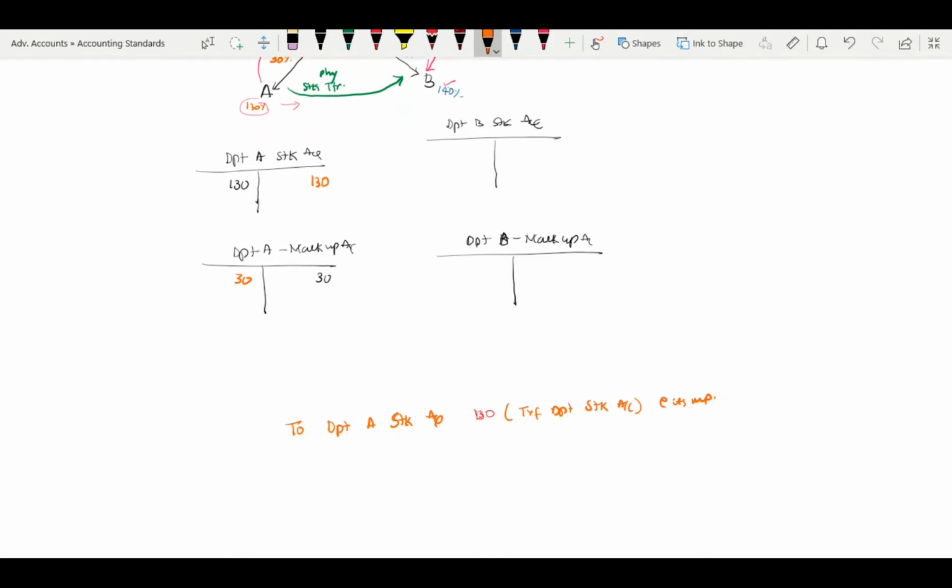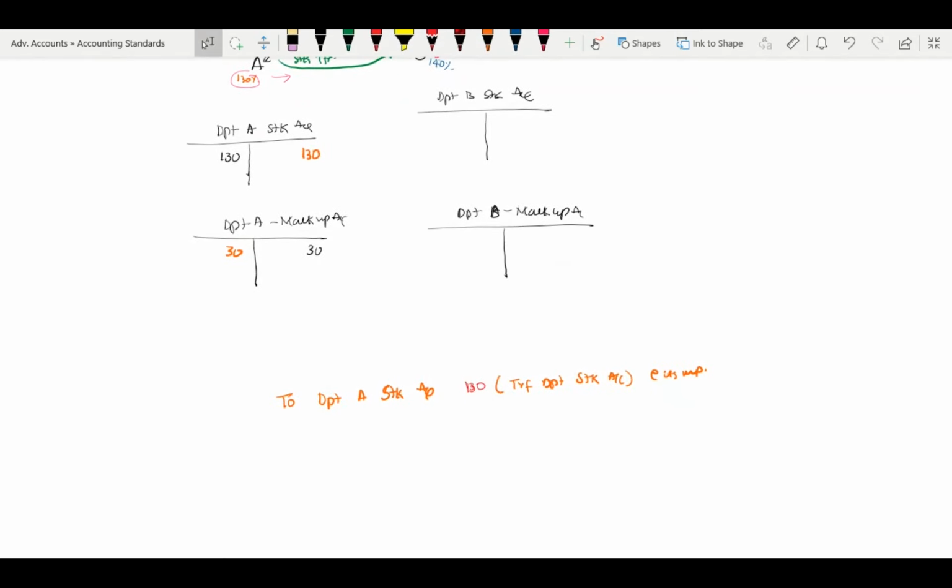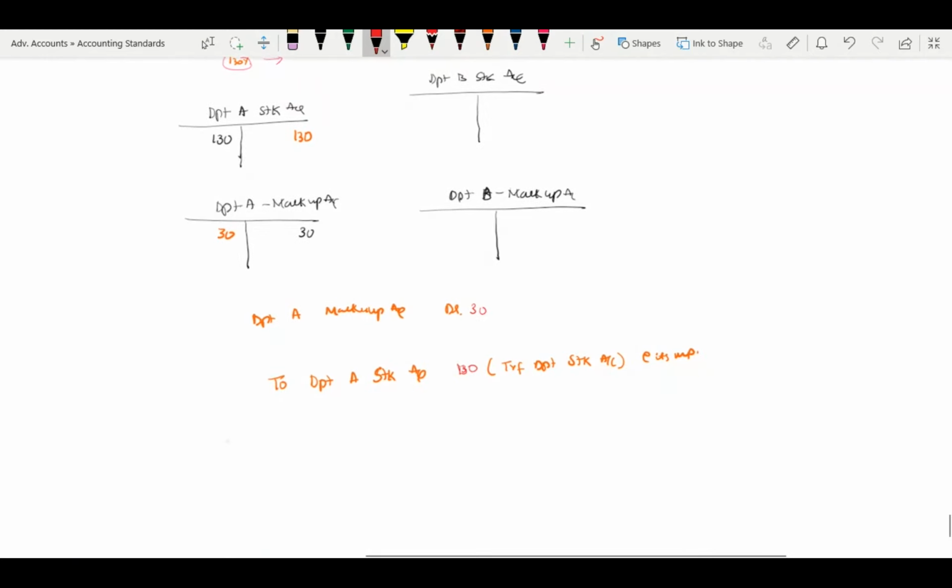So on the debit side, the transferring department markup account, department A markup account debit. The amount is 30 rupees. I have to reverse 30 rupees.